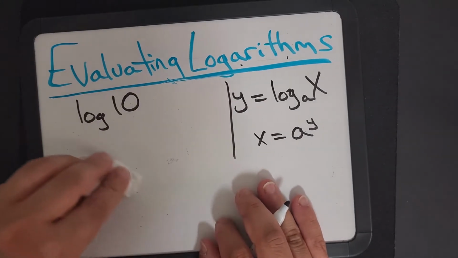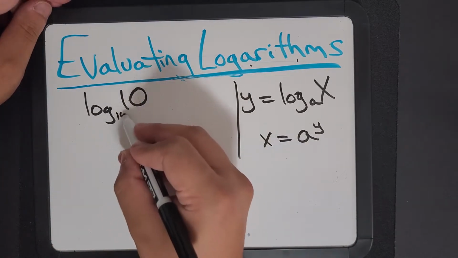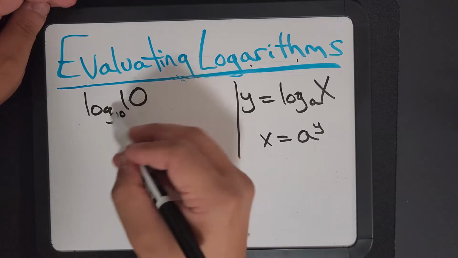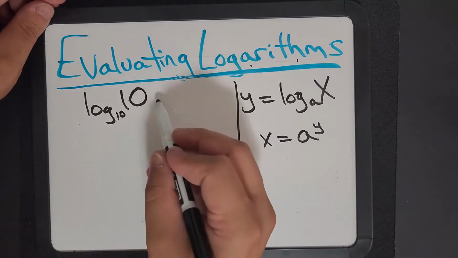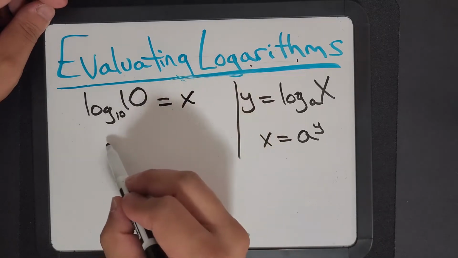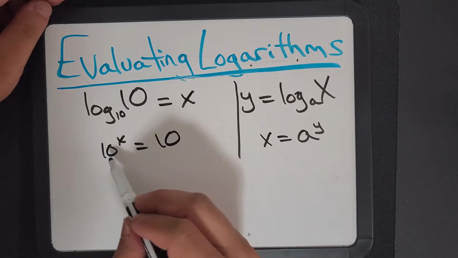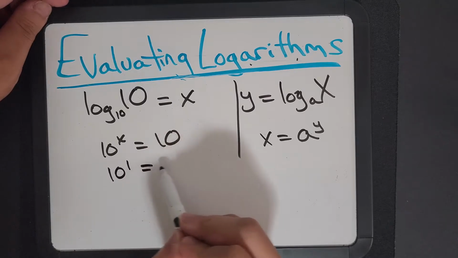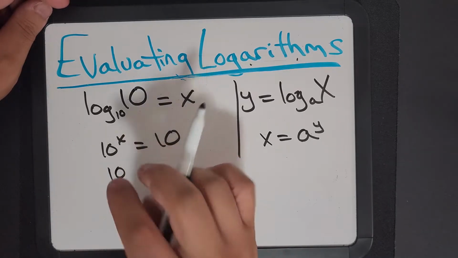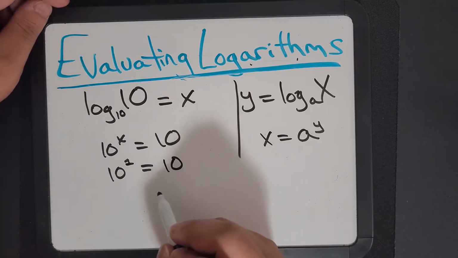You can check that by punching in log 10, and it's going to default at this, you should get 1. Because 10 to the x is equal to 10. 10 to the power of what gives you 10? Only the power of 1.